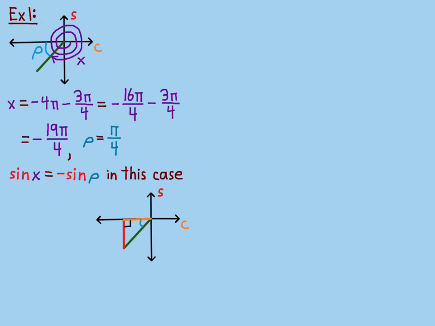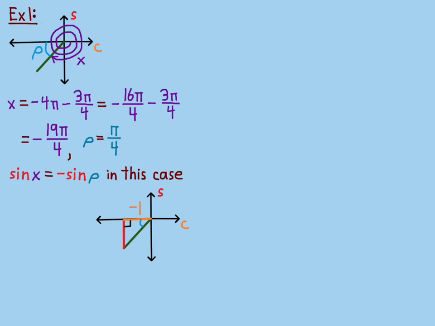What I do is I just draw this 45, 45, 90 degree right triangle, right? Because it was pi over 4, which is 45 degrees. And the length of this side here is 1. This is the template, 1, 1, square root of 2. But it's in the negative direction, so I just label it negative 1.